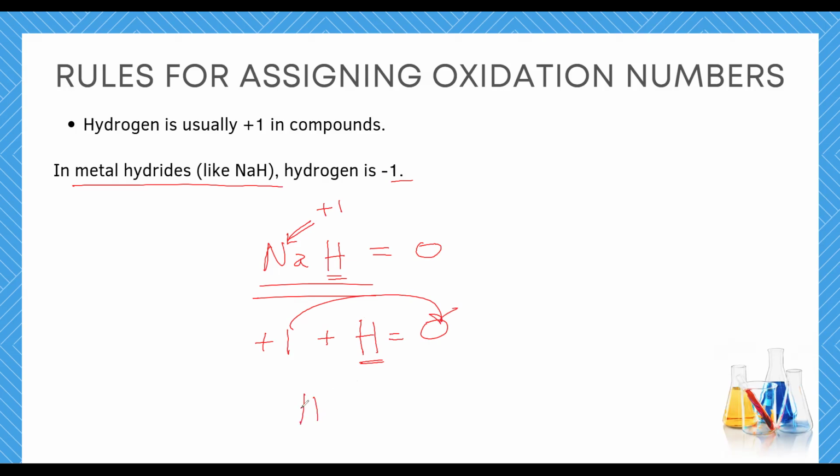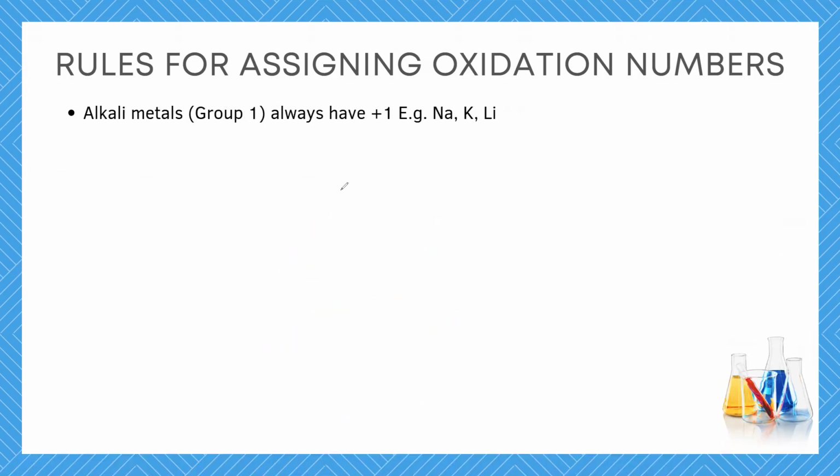So therefore we have H is equal to 0 minus 1. Everything is equal to minus 1. So you can see how we calculated the oxidation number of hydrogen to be minus 1 in these compounds. So that is the next rule that we saw. The alkali metals in group 1 always have plus 1.